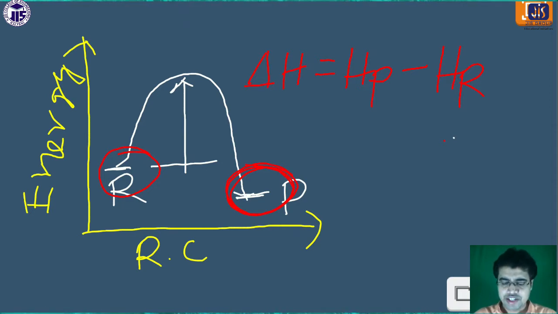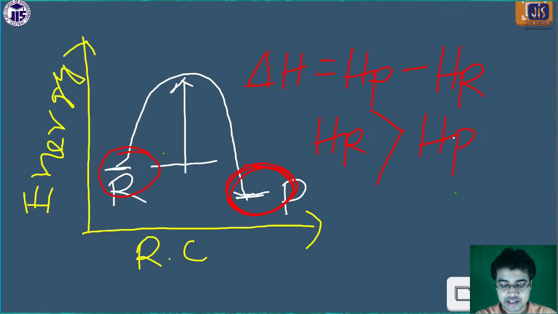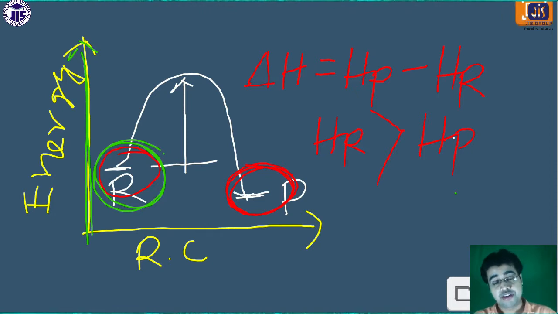Here the reactant enthalpy H of R is greater than the product enthalpy, because the reactant is much higher on the energy axis, which is the heat content.